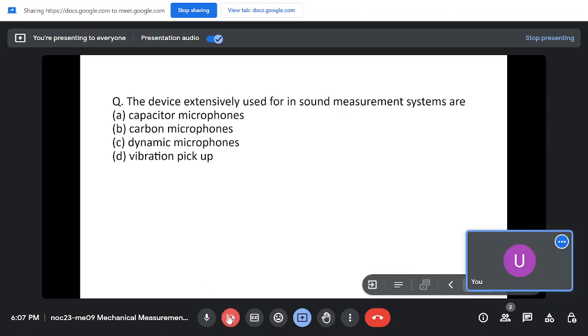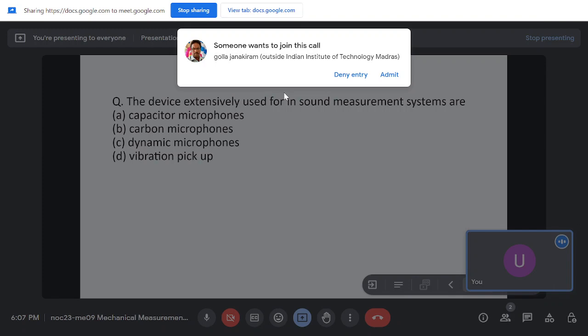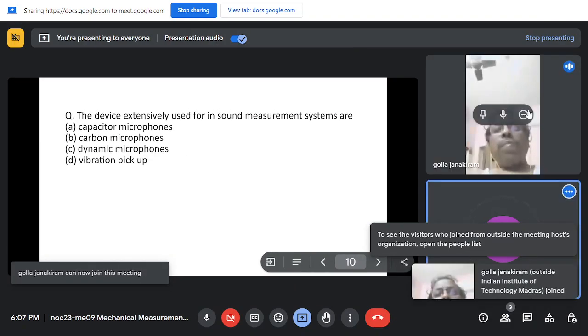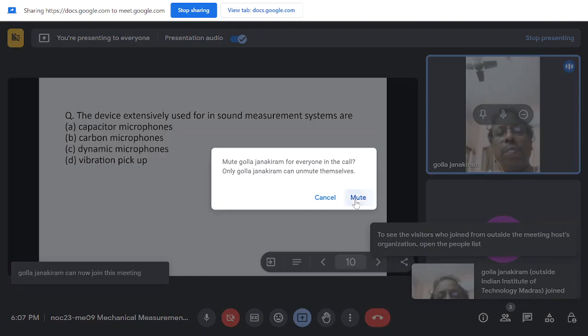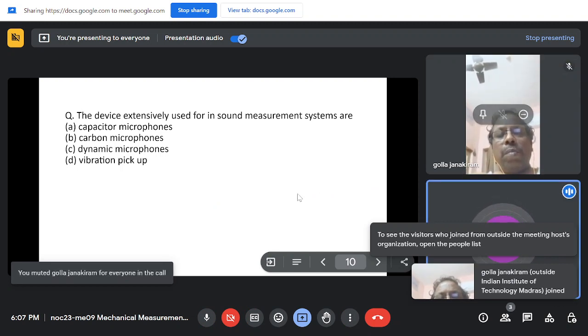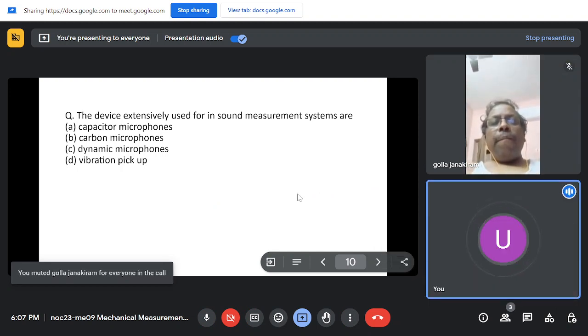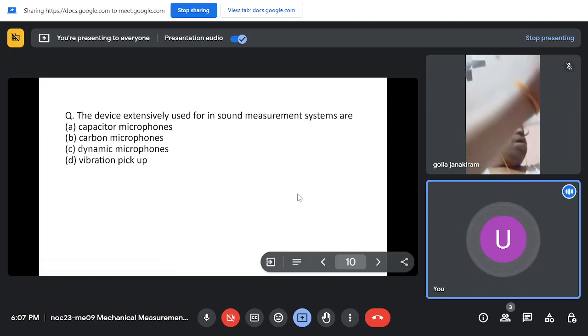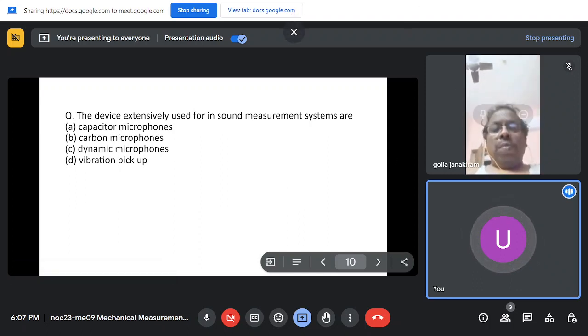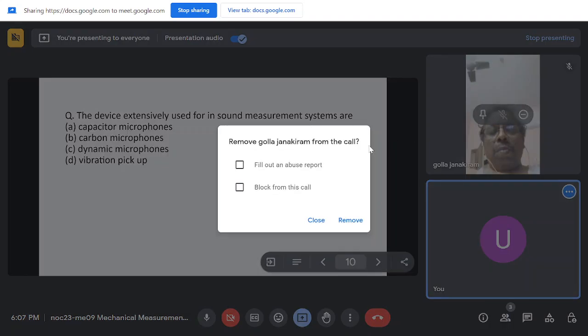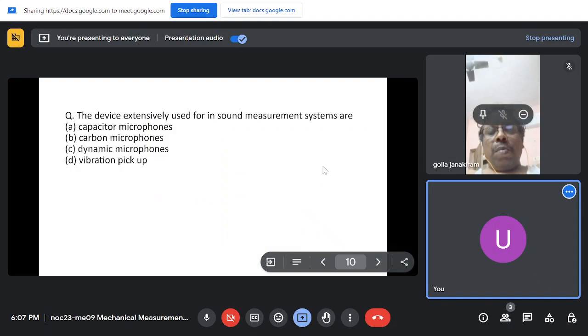So moving on, the device which is extensively used for sound measurement systems are: A, capacitor microphones, B, carbon microphones, C, dynamic microphones, and D, vibration pickups.